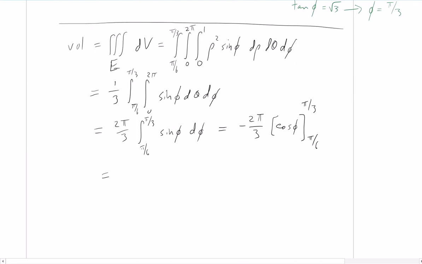So I'm going to get rid of the minus sign by just doing the subtraction in the opposite order. So again, I'm not writing the minus sign, but I'm going to write this subtraction backwards. I'm going to plug in pi over 6 first, minus when phi is pi over 3. So cosine of pi over 6 is, sorry, square root of 3 over 2.